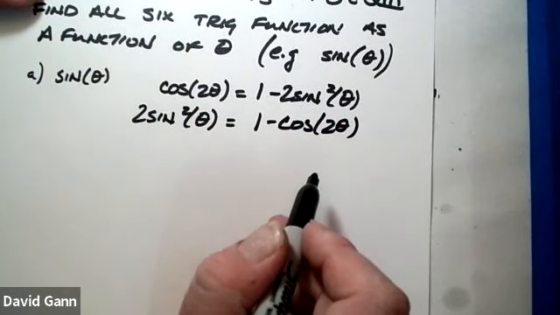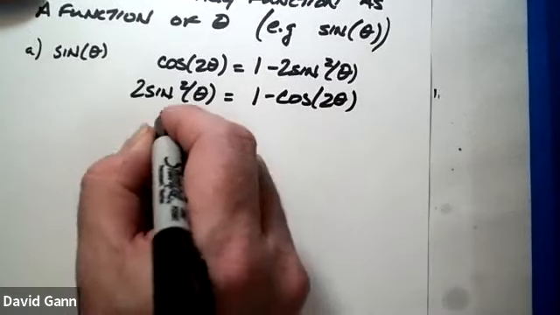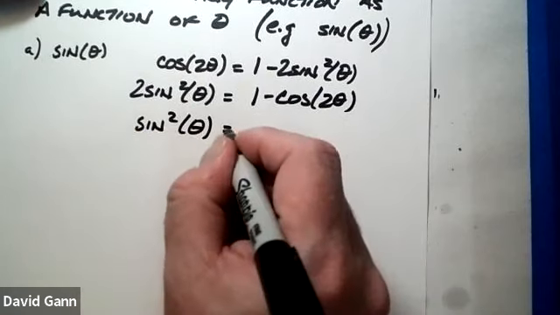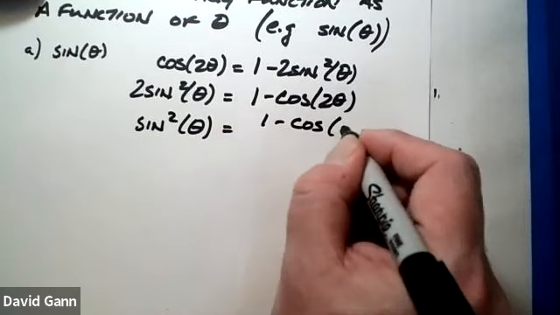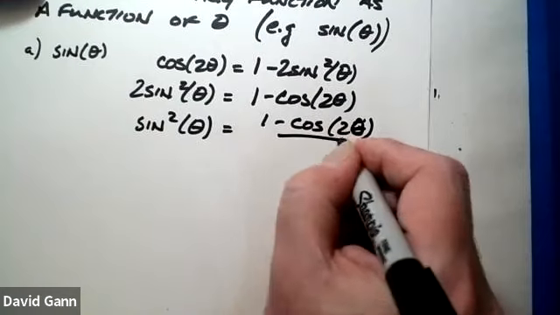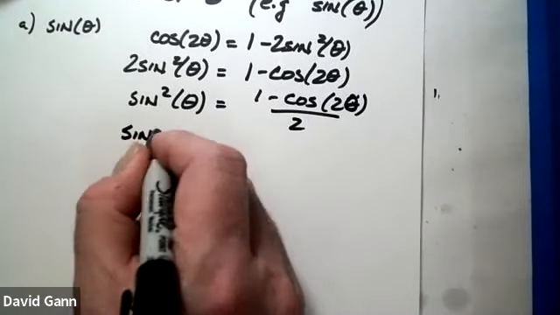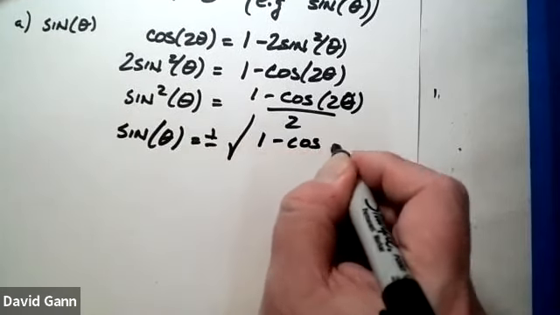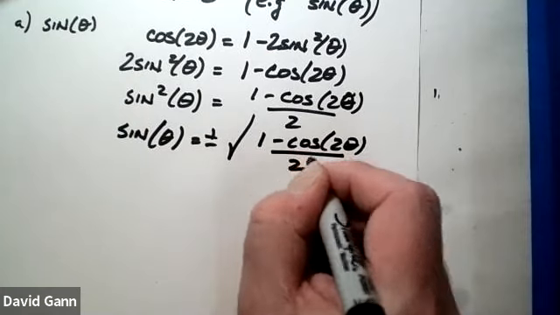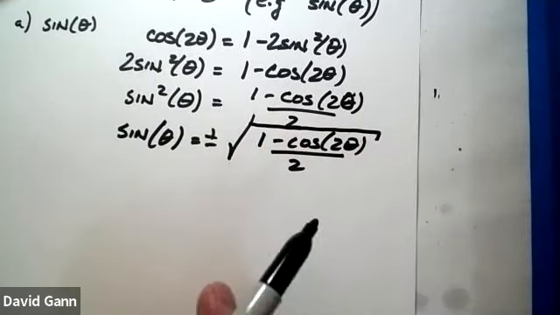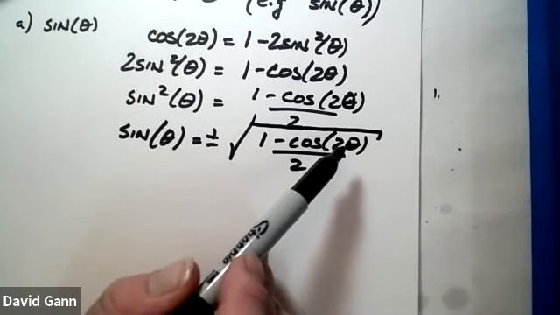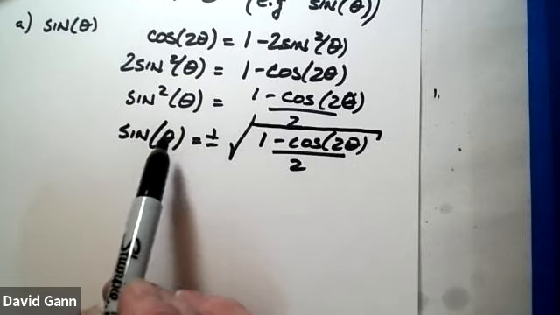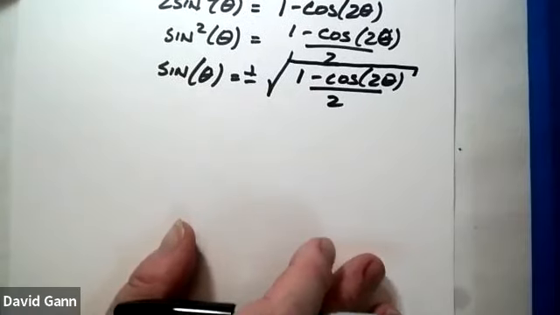Divide both sides by 2 and take the square root. So we end up combining a couple steps there. So sine squared of theta is equal to 1 minus cosine of 2 theta over 2. So sine of theta is equal to plus or minus the square root of 1 minus cosine of 2 theta over 2. We're going to see that equation again in 5.6 because this is how we go from a trig function of a certain angle to half that angle. This actually is the half angle formula, just in disguise.